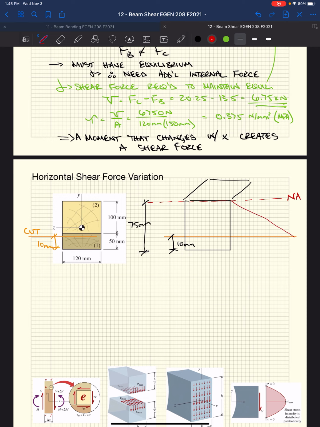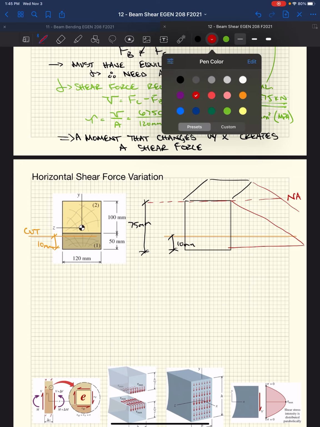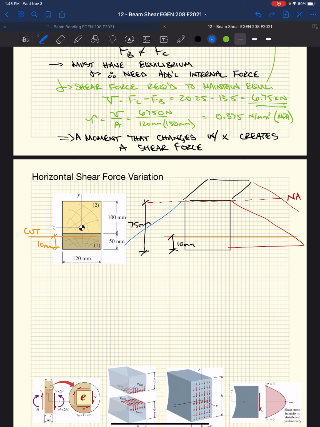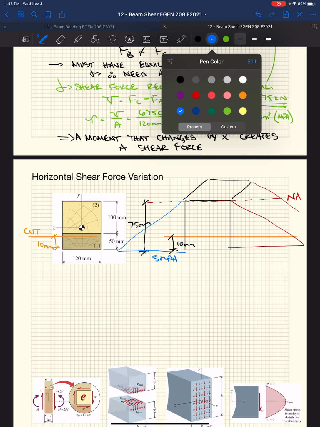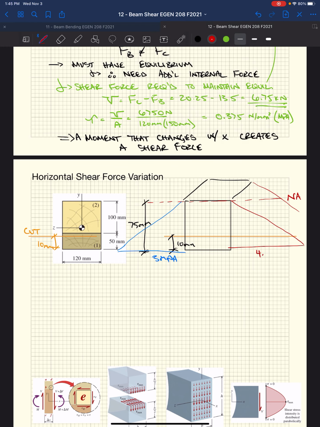And we know from before we're going to get this stress distribution that does something like that on that side. We're going to get a stress distribution that does something like that on this side. We had this 3 megapascals here. We had 4.5 megapascals on this side. We have some resultant forces, right? F at C, F at B, acting at the centroid of this stress distribution.